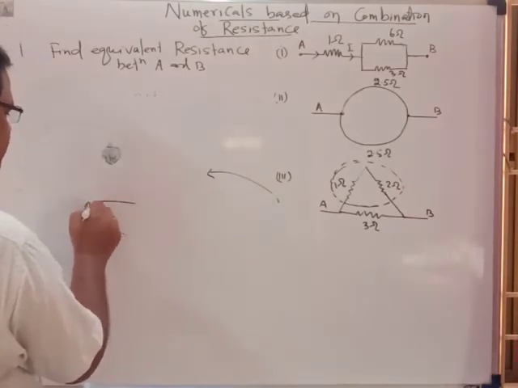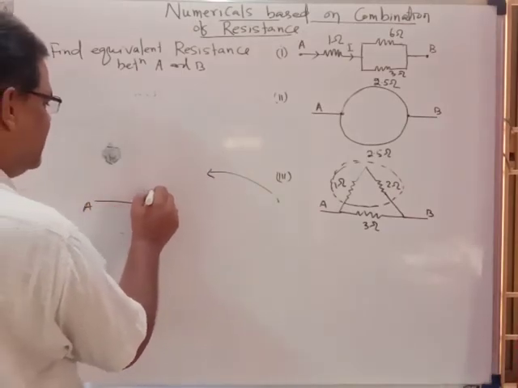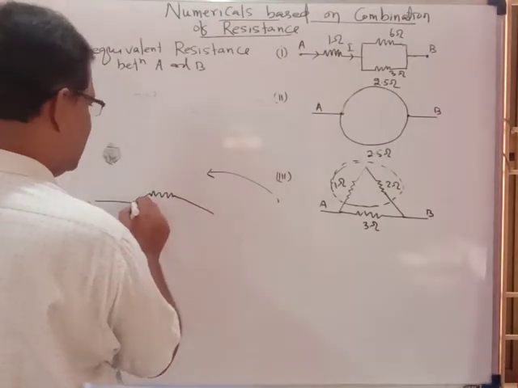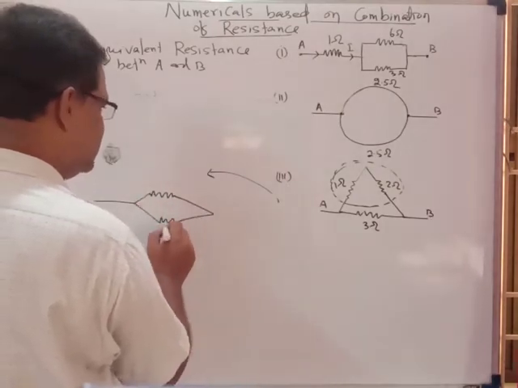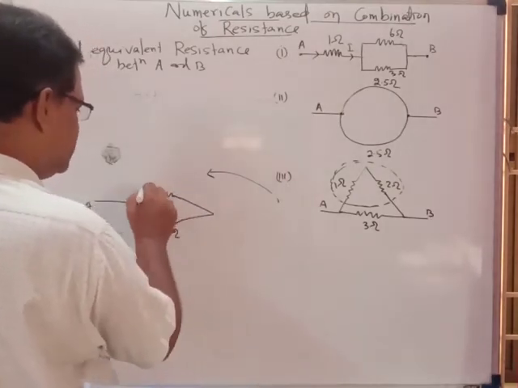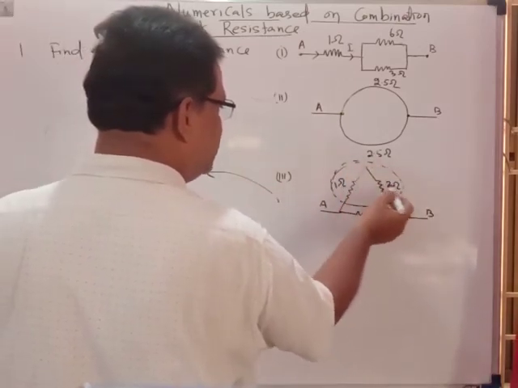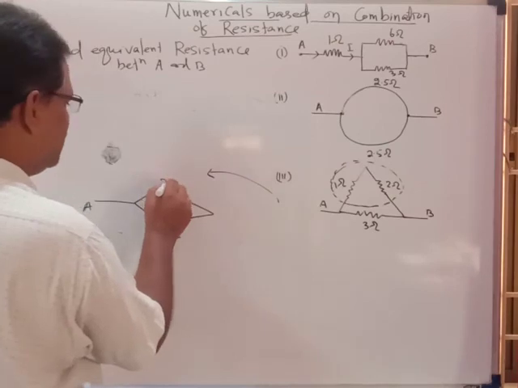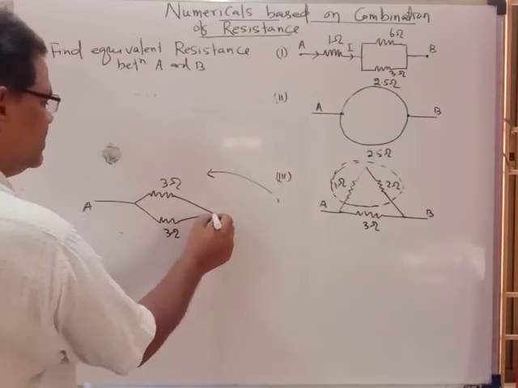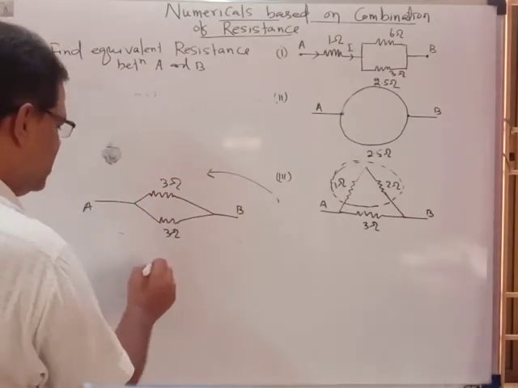This is A, and this is 3 ohm. What is this value? That is the equivalent of these two, 1 ohm plus 2 ohm, equal to 3 ohm. So this will be 3 ohm and this will be 3 ohm. So what is the equivalent resistance?